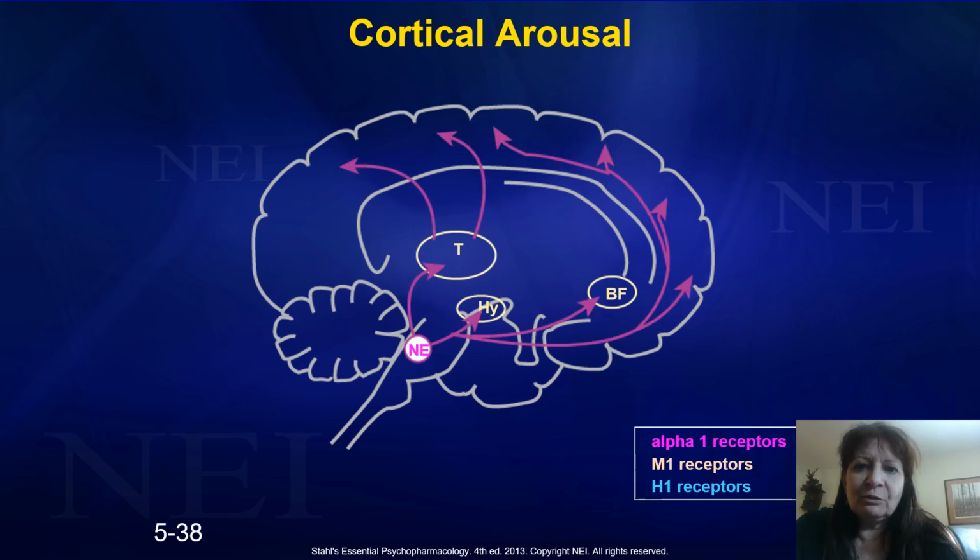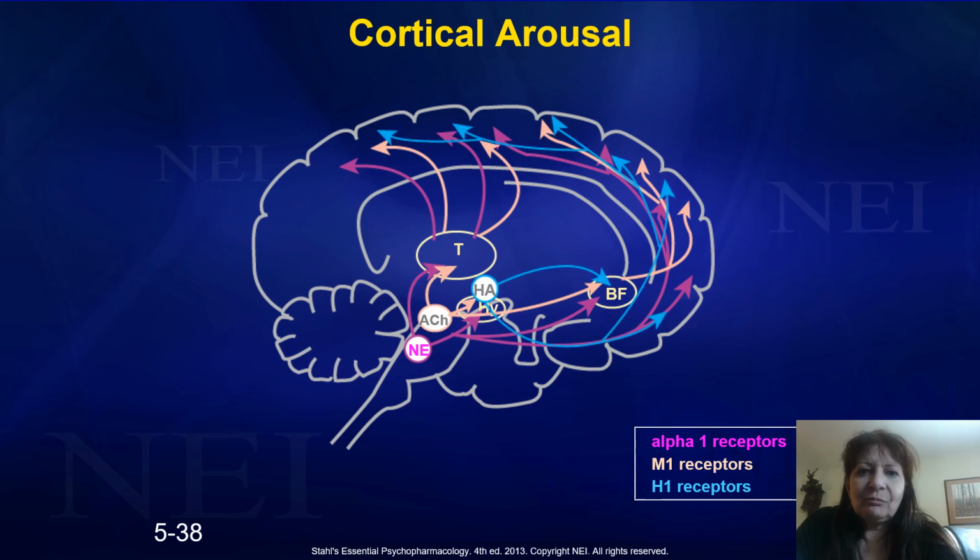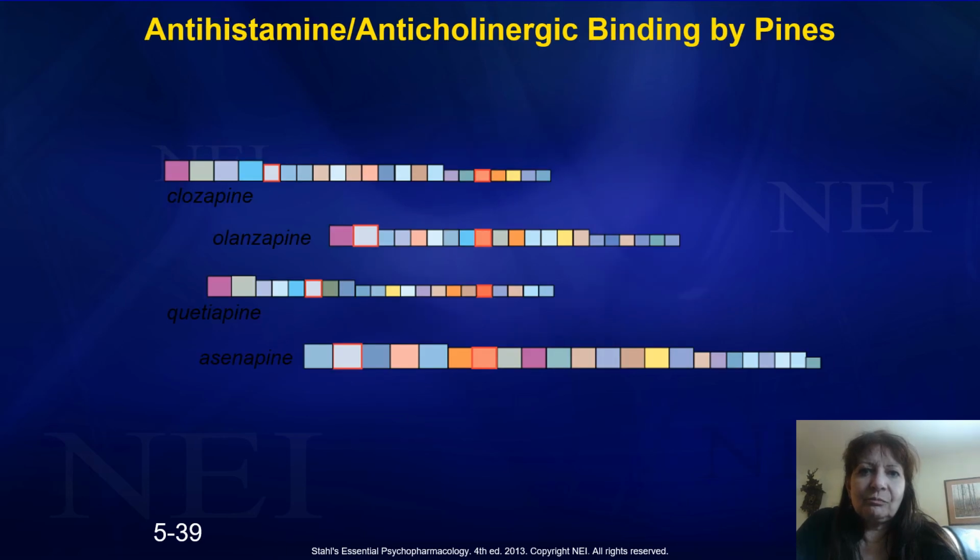So for cortical arousal throughout the brain, actions at acetylcholine, histamine, and norepinephrine receptors influence arousal. And so antagonism of M1, H1, and alpha 1 result in sedation. And here again we go through the antihistamine and anticholinergic binding properties for each group of drugs.